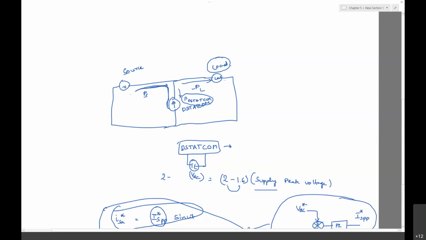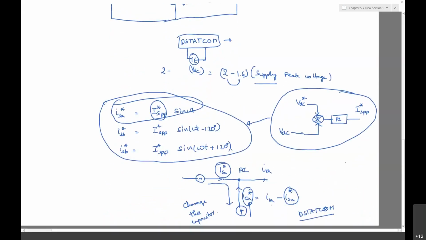With the unit template algorithm, we generate ICS star, that is ILA minus ISA star. That means the compensator is supplying the load active power also. The source supplies only the active power used to maintain the DC link voltage.